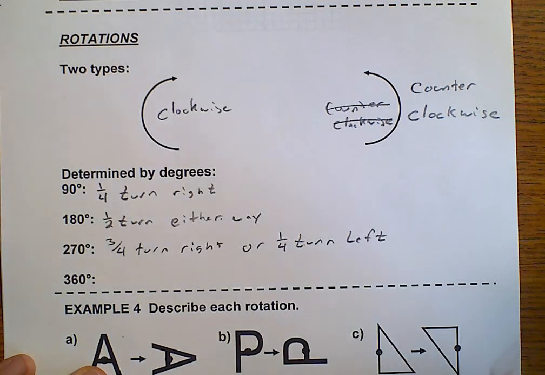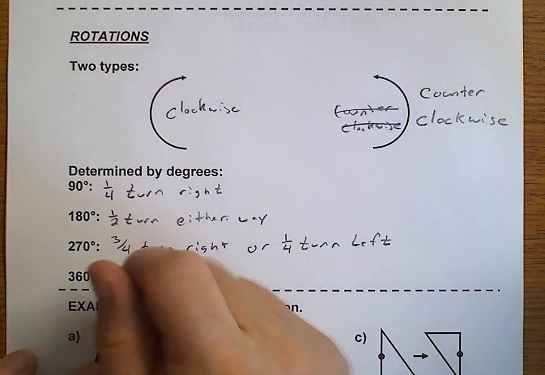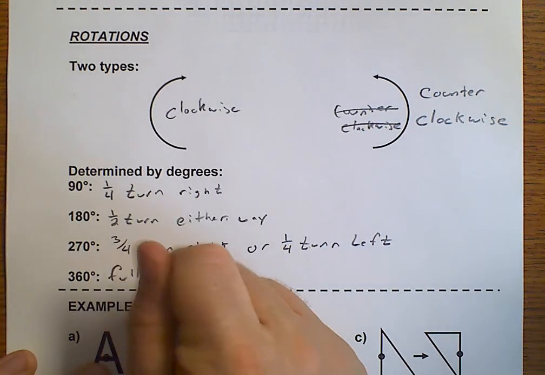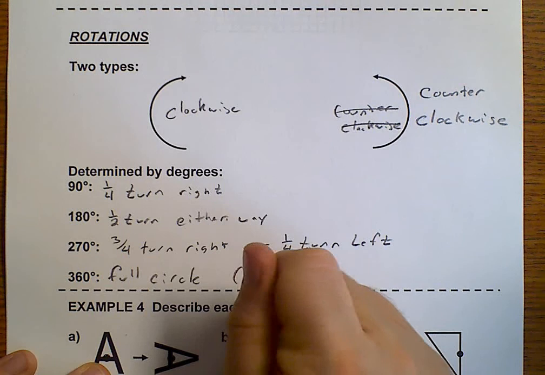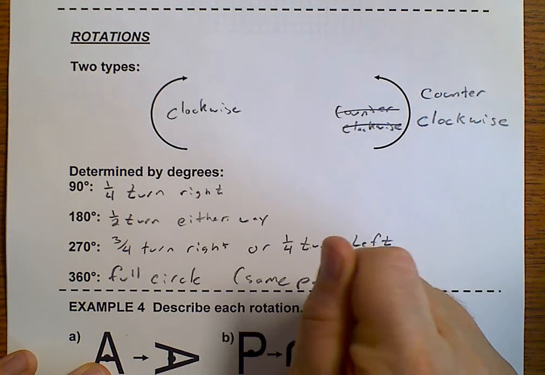And 360 degrees is a full circle, so you get the same points.